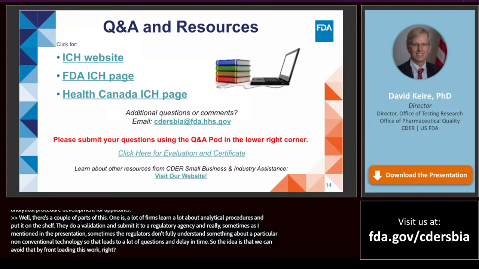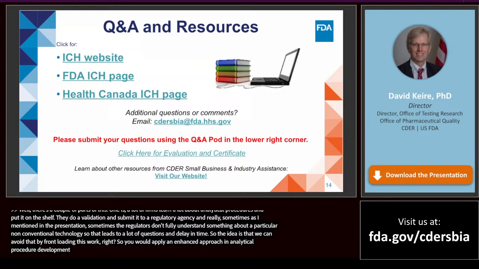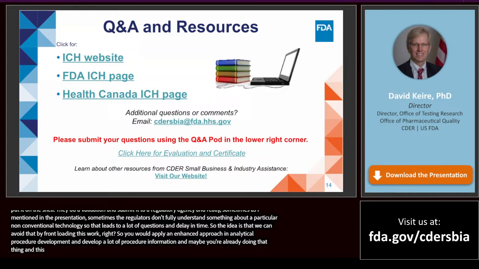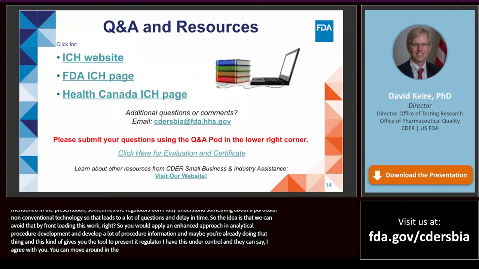And so you would apply an enhanced approach to your analytical procedure development and develop a lot of procedure information. Maybe you're already doing that kind of thing, and this gives you a tool to present it to the regulator and say, hey, look, I really have this under control within this operating space. I know that it's going to give me good results, and the regulator could say, I agree with you, that you can move around in that space without really having to do another filing, right?